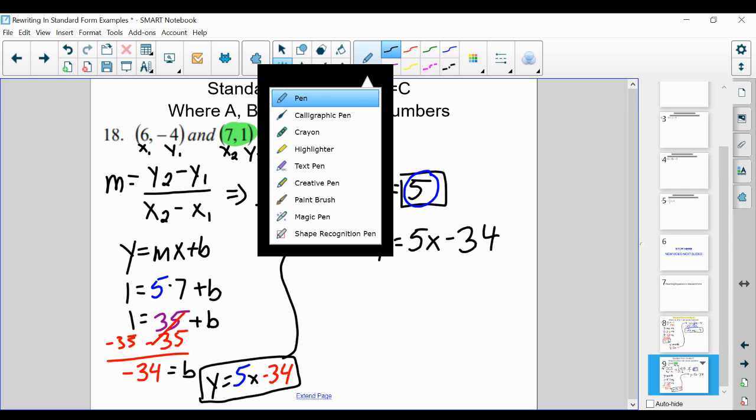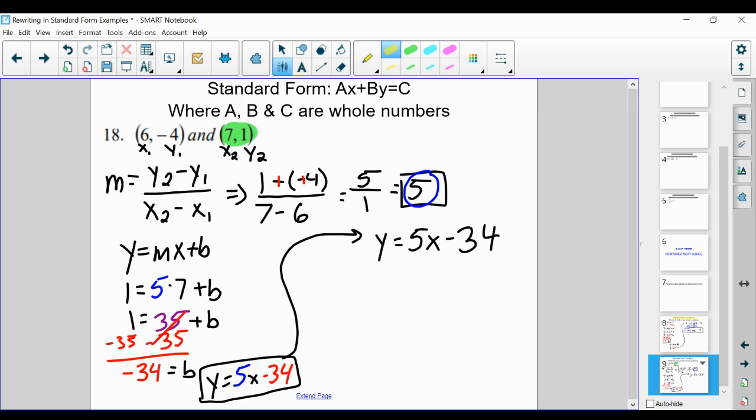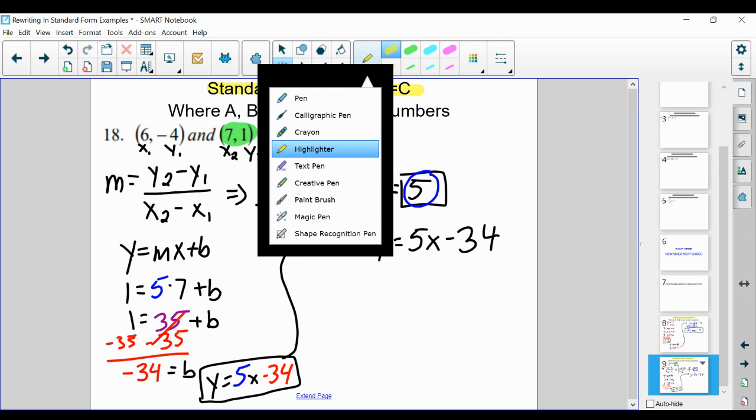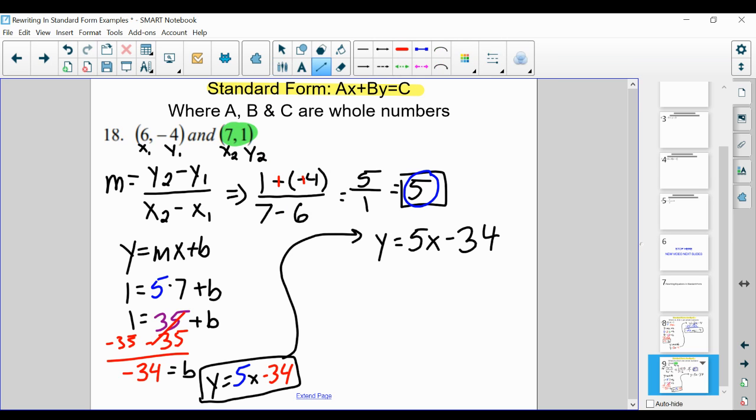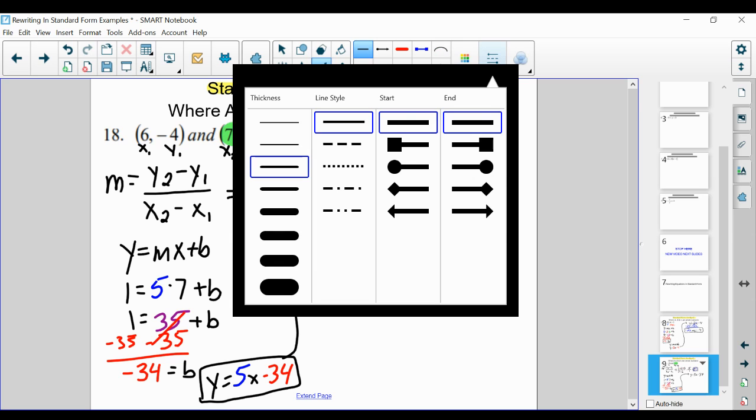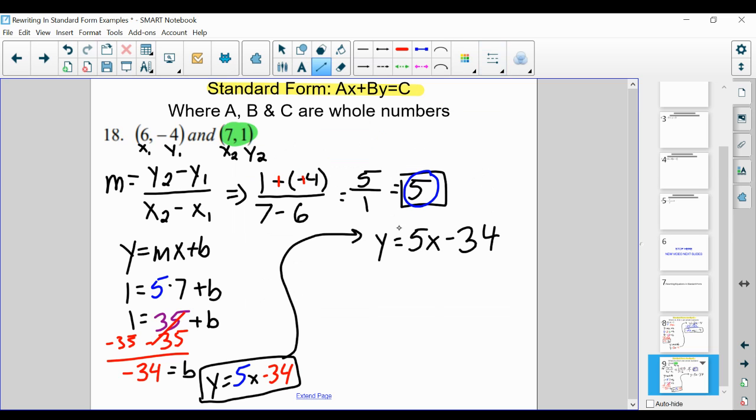Now remember, we're trying to write in standard form, which is ax plus by is equal to c. We want to get our x's and y's on the same side of the equal sign. And again, if I were to draw a dashed line going through that equal sign, they're not currently on the same side. So we need to move that positive 5x over to the left-hand side. In order for us to do that, to move a positive term, we subtract it.